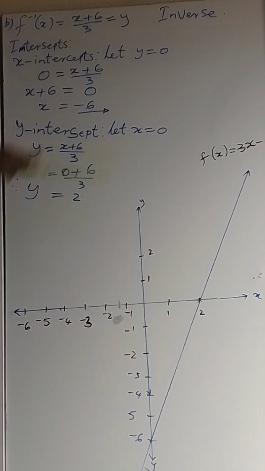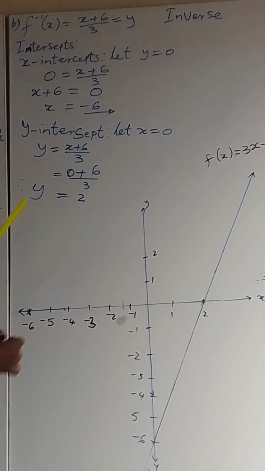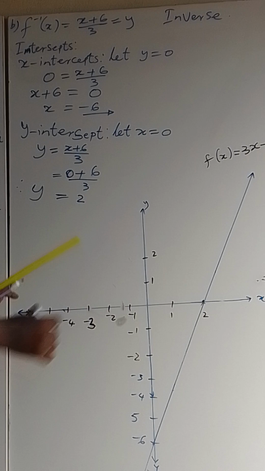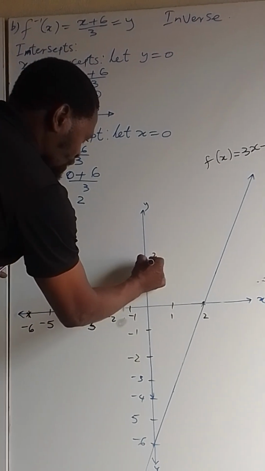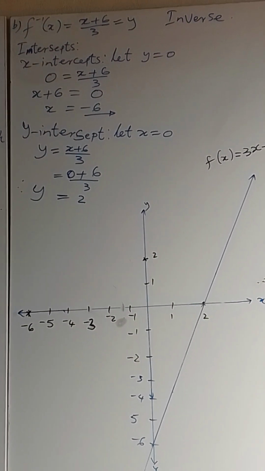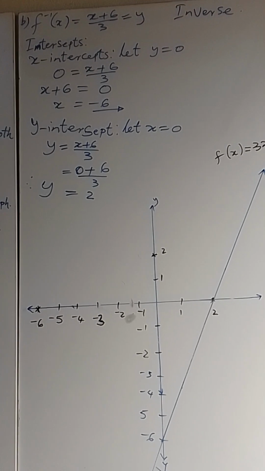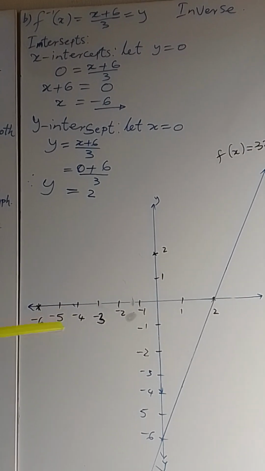We say that x is -6 and y is 2. This is going to go like this.